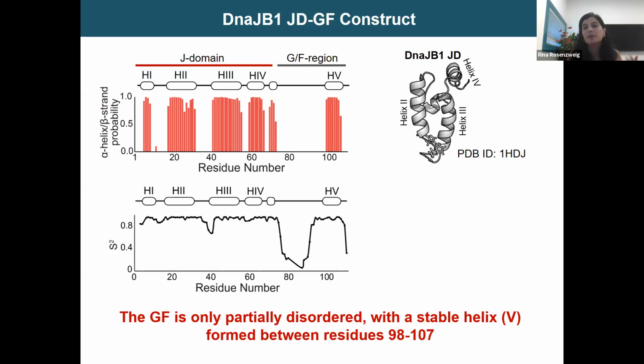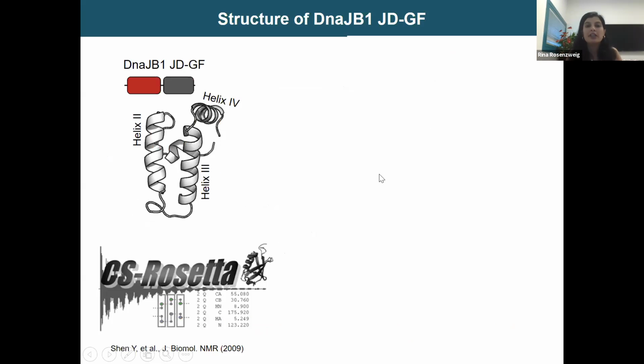So at that point, we were curious enough to try to solve the structure of this DNAJB1 J domain GF construct by NMR. And our initial idea was that we were going to use CS-Rosetta. So we have all the chemical shifts, we added some PREs, and we tried to get the structure. But what happened is that we got a really nicely converged structure of the J domain containing the 4 helices, but the GF region did not converge at all.